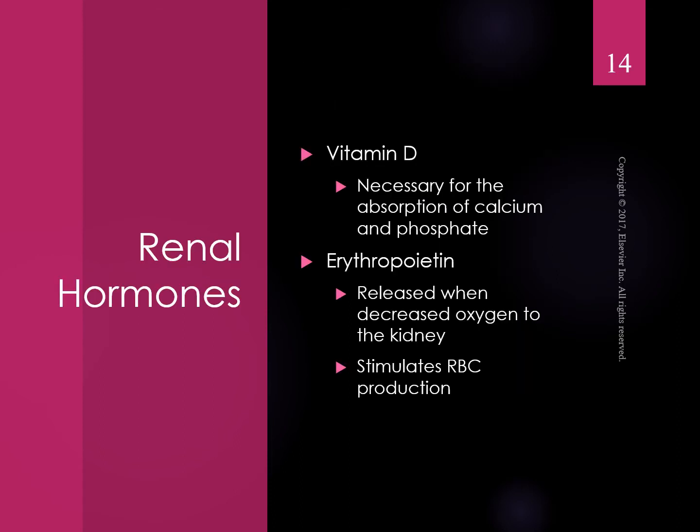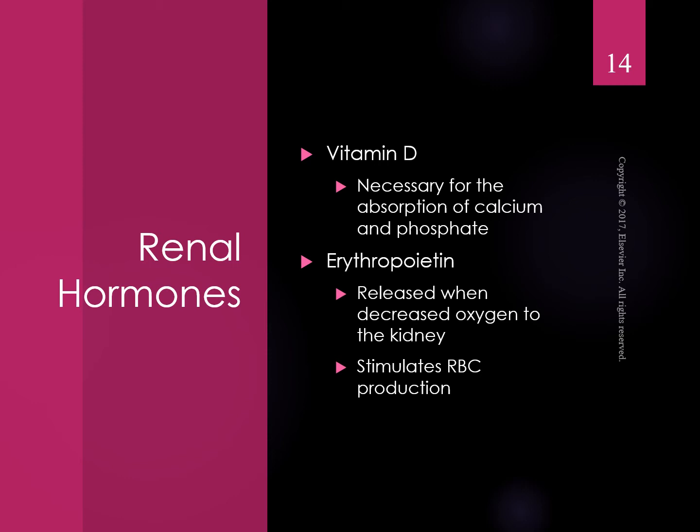So vitamin D is necessary for the absorption of calcium and phosphate. Vitamin D needs to go through the liver and the kidneys to be metabolically active. And then when you're talking about erythropoietin, it is released when there is decreased oxygen to the kidney.